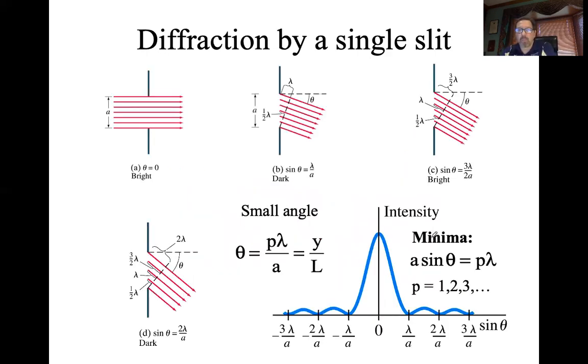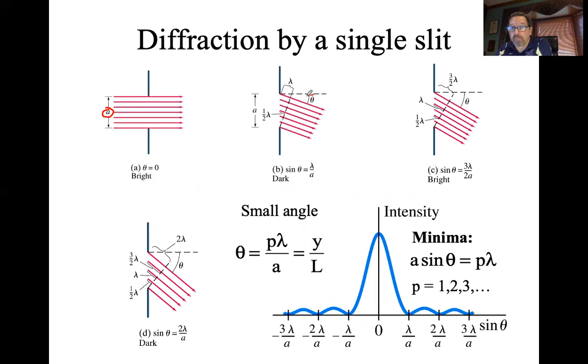Okay, so now let's go back the other way. Not just blockages, but openings. Let's say I've got just a single opening, not two like in Young's experiment, but just one, and the width of the opening is some width a. Straight on through, at zero angle, I hope everybody would expect a bright spot. So let's do the same thing we did with Young's experiment.